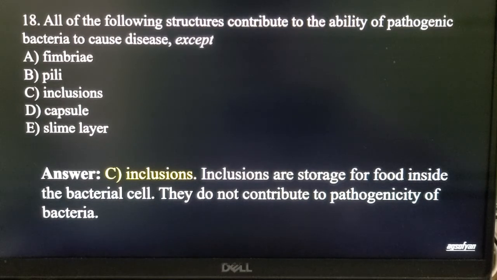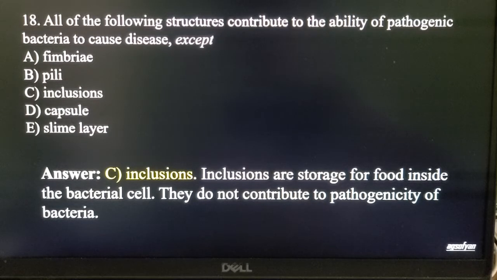It will not cause infection or disease to the host cell. Fimbriae will cause infection because fimbriae is used for attachment on the host cell. Pili is used for transferring genes from one cell to another, and it will increase the ability to cause disease.